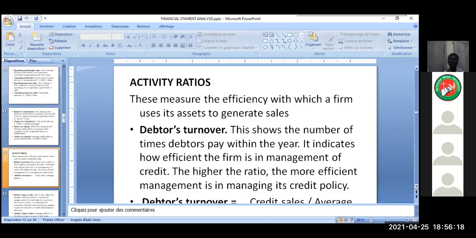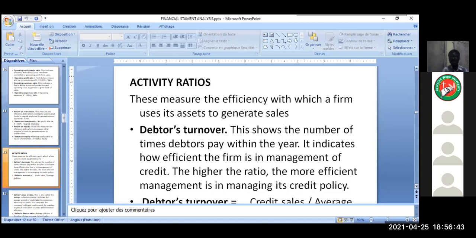Maybe a lecturer can tell much about the concept of efficiency and effectiveness in management. So now when we are given resources, what do we expect? We expect to maximize the outcome from the resources we are given.